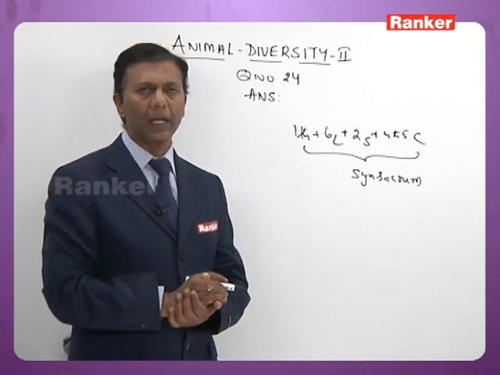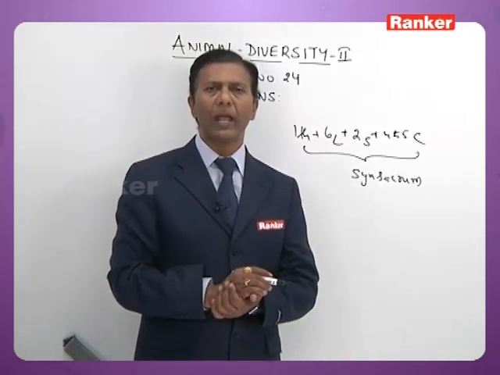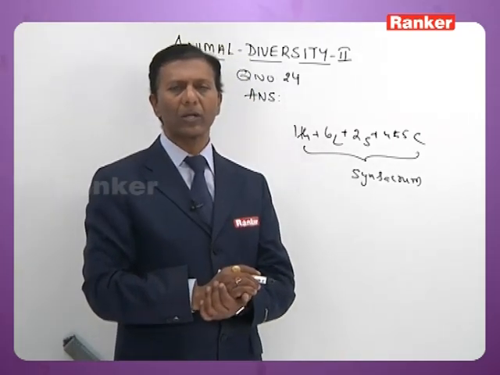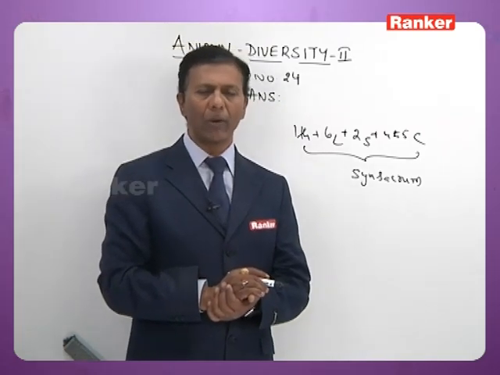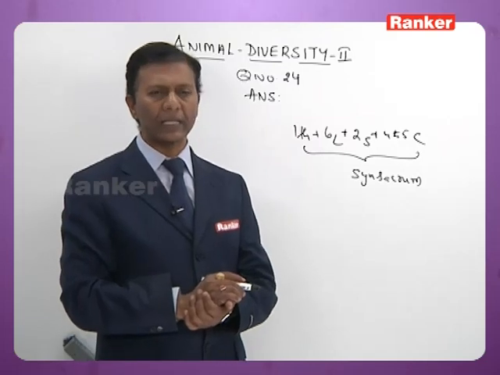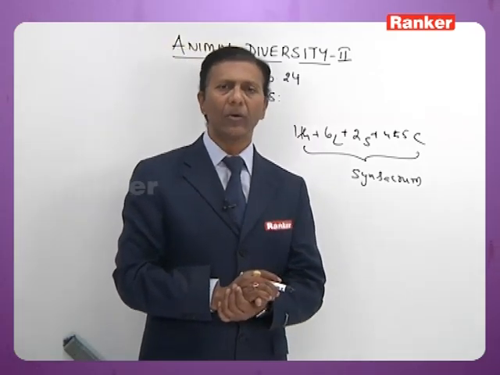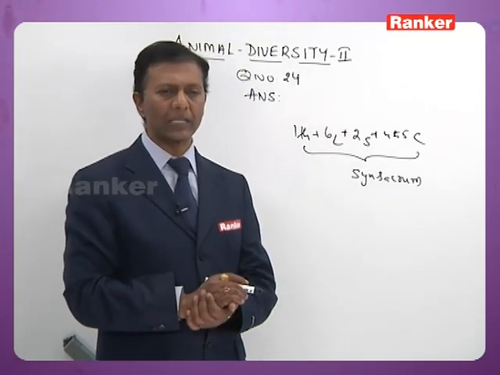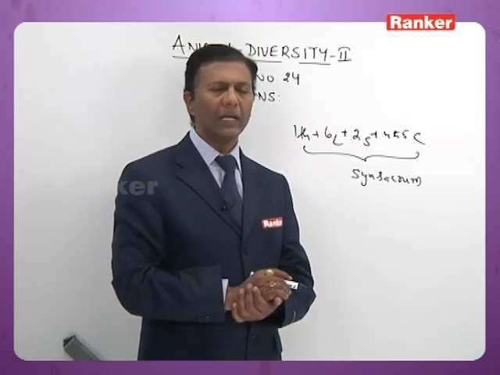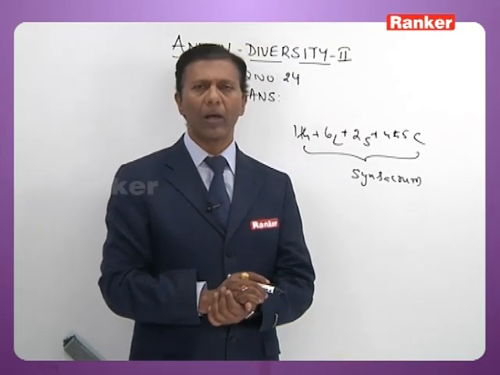Then the pygostyle. The terminal caudal vertebrae are fused to form a stumpy projection called the pygostyle, commonly called the plowshare bone. It provides a surface for the tail feathers called rectrices. Then in birds the vertebrae are heterocoelous, saddle-shaped. D, keel: the keel is not a part of the vertebral column.